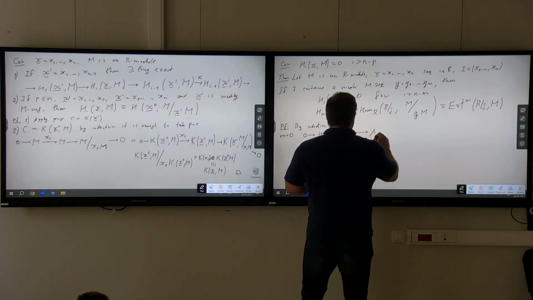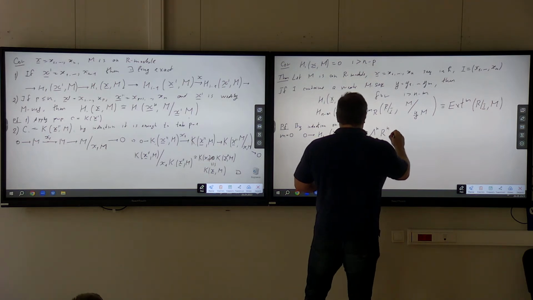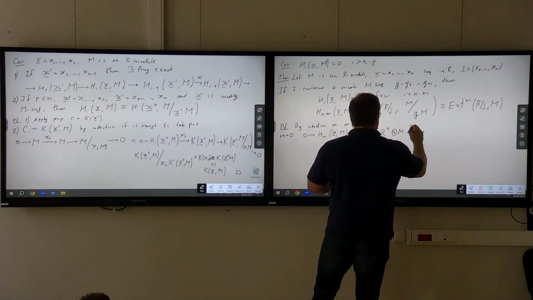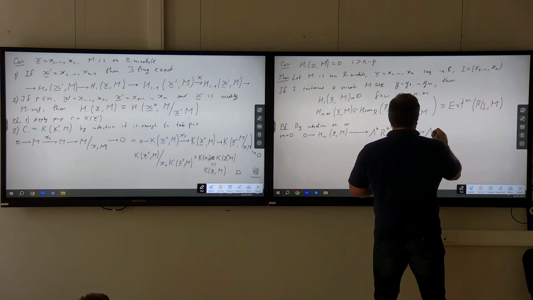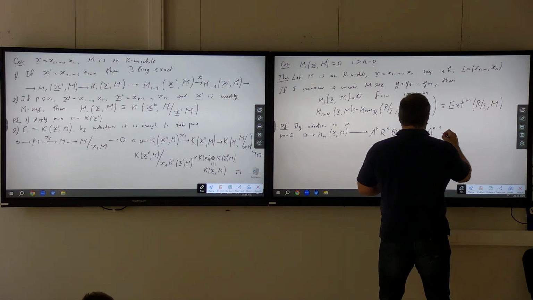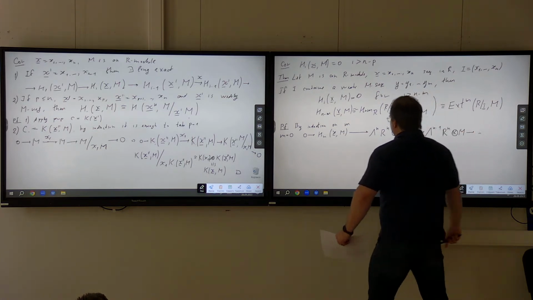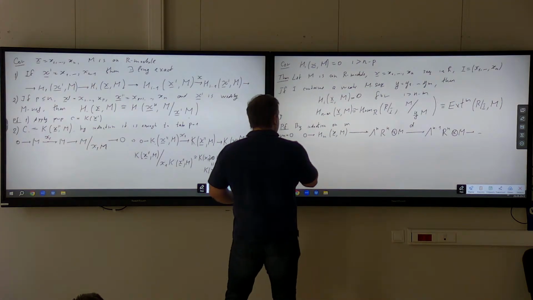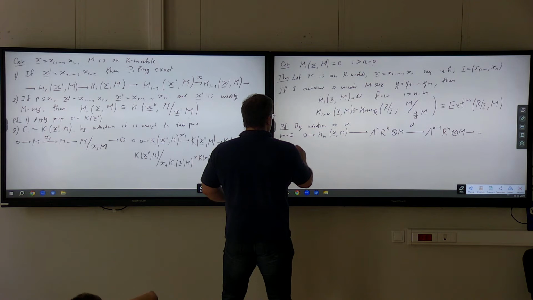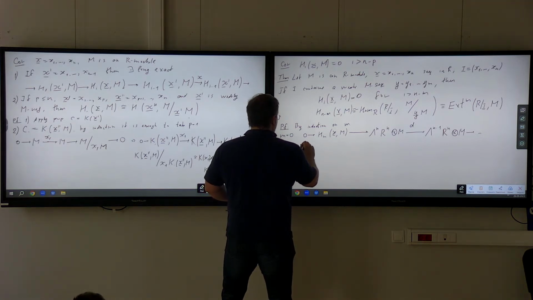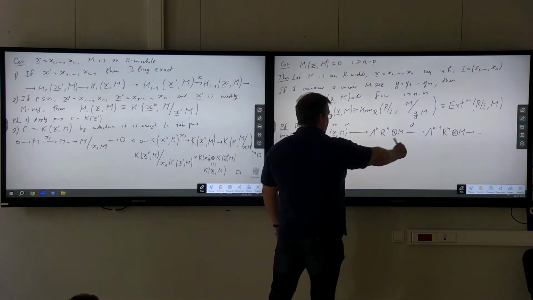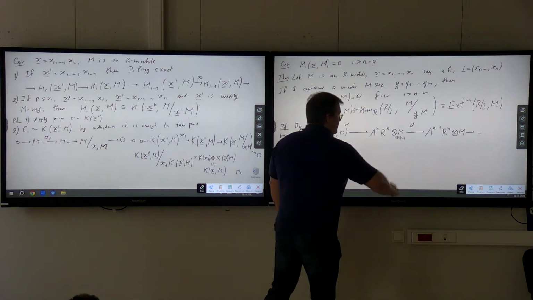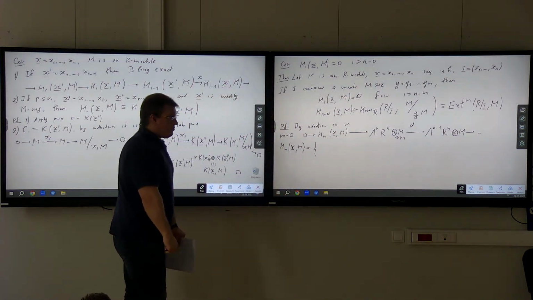This is the kernel of the map, so I have top exterior power tensor M. Now here I have the differential, which is just the Koszul differential tensor identity on M, to the exterior power n minus 1 of R^n tensor M. Well, there's something else in the lower degrees, but we can see that the top homology, by definition, well, first of all, clearly this thing can be just identified with the module M. So top homology is just some submodule in M.